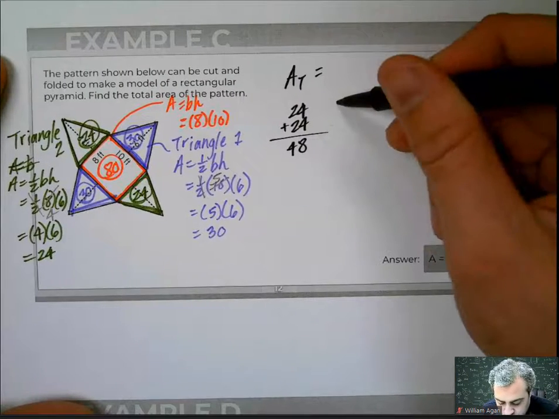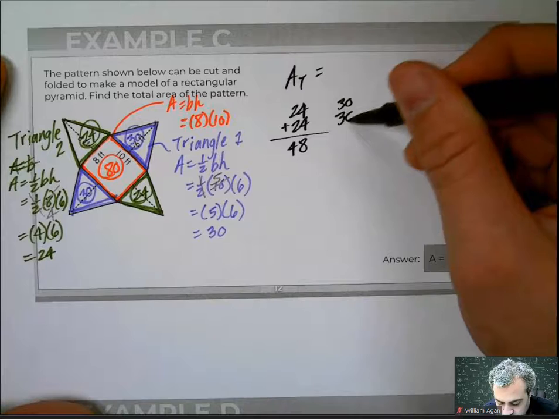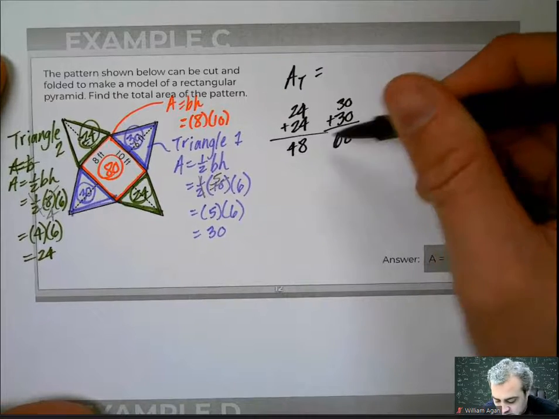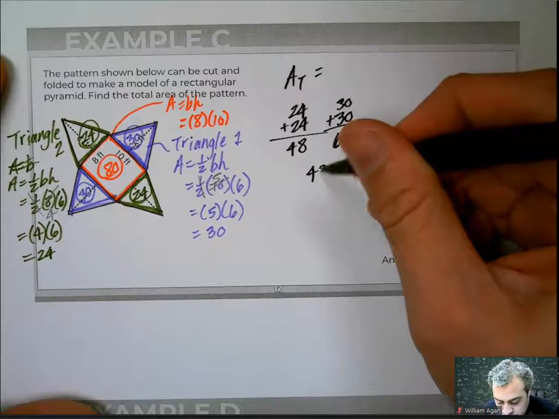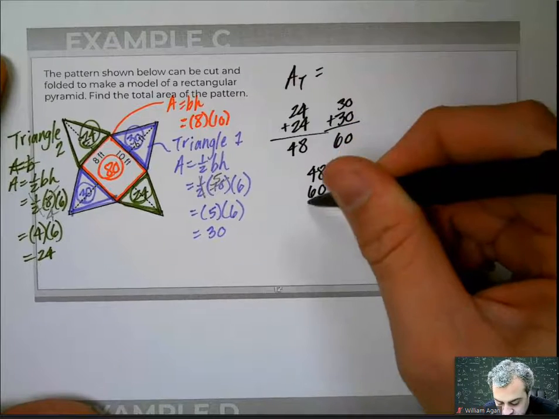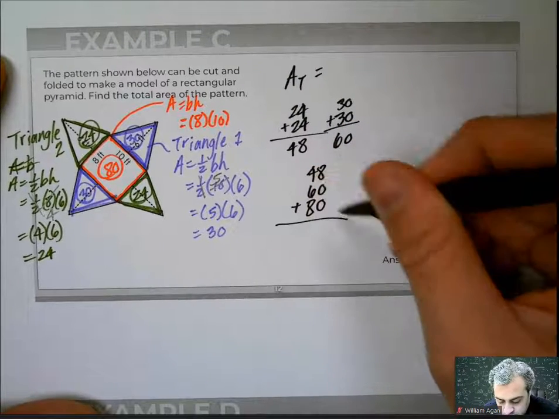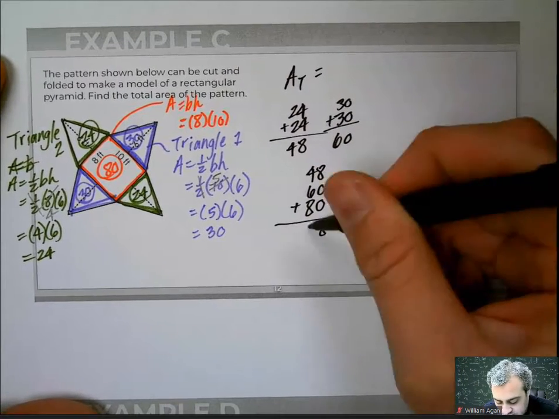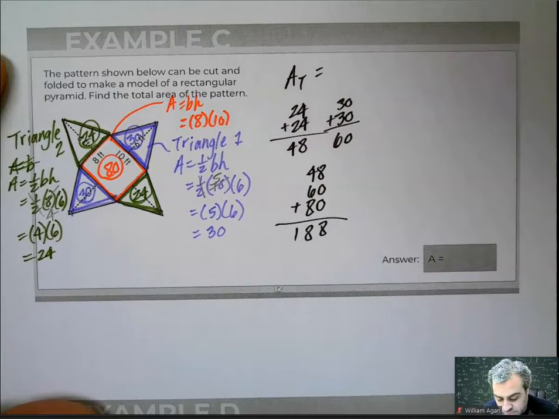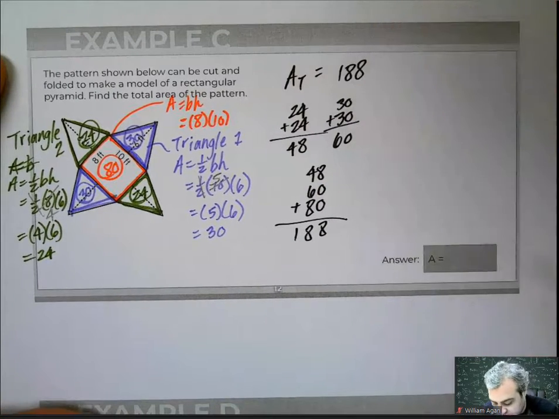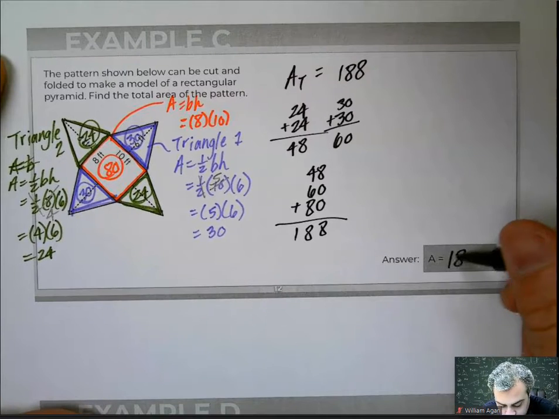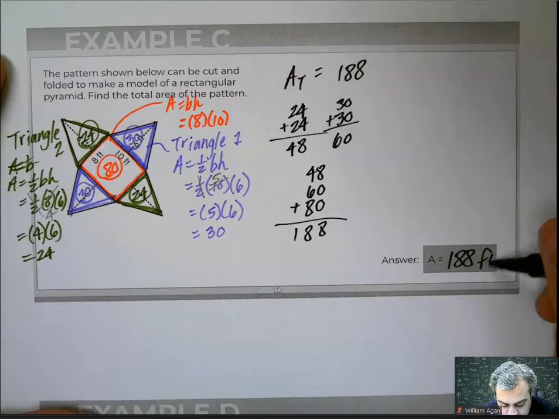Then I have 30 and 30, that gives me 60. And then I have 80. So I have 48 plus 60 plus 80. That's 8, and this is 18. So my total area is 188, and this is feet squared.